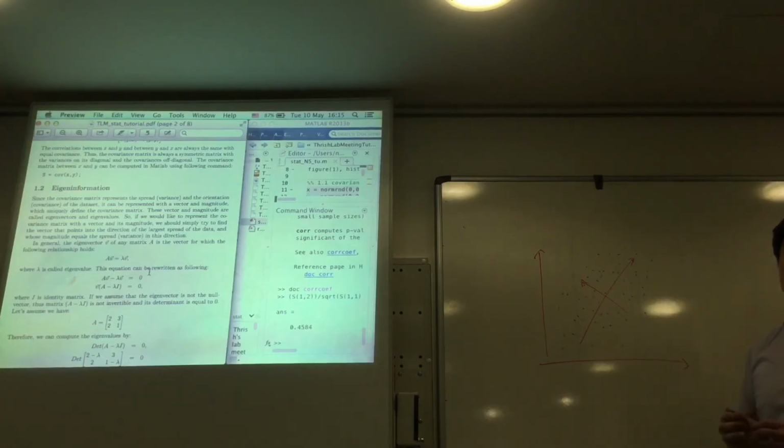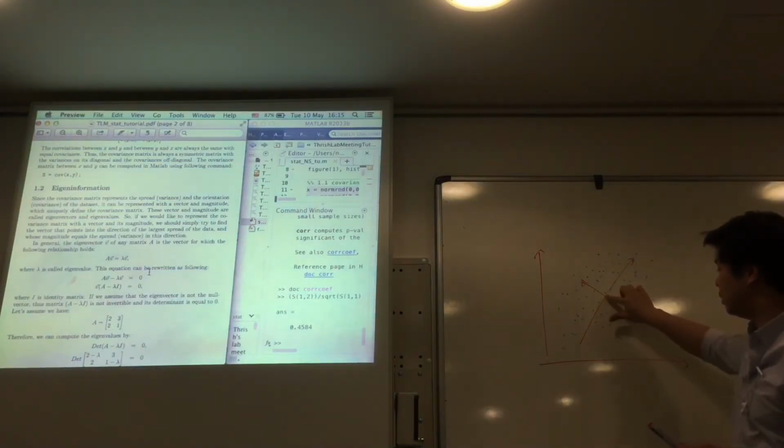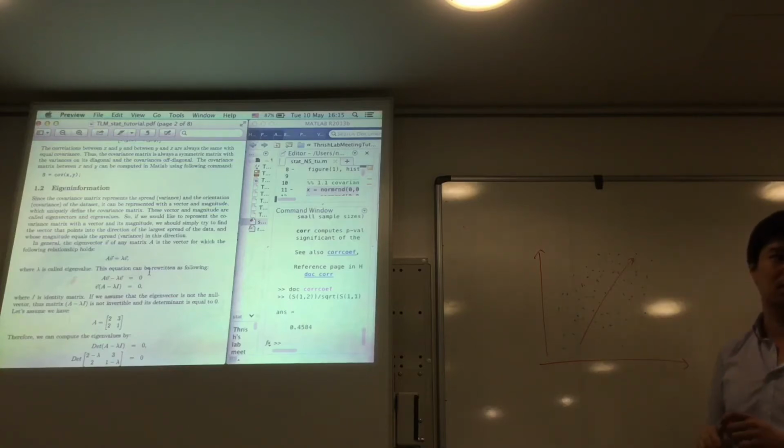So this means that eigenvectors of a matrix are always perpendicular to each other. They're not perpendicular, sorry. The spread can be three-dimensional if you have three-dimensional data.